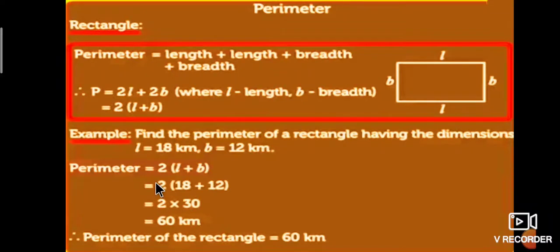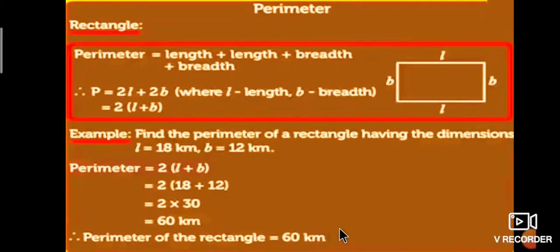We know the formula 2 into L plus B. Therefore, 2 into 18 plus 12, that is 2 into 30, equal to 60 kilometer. The perimeter of the rectangle is 60 kilometer.